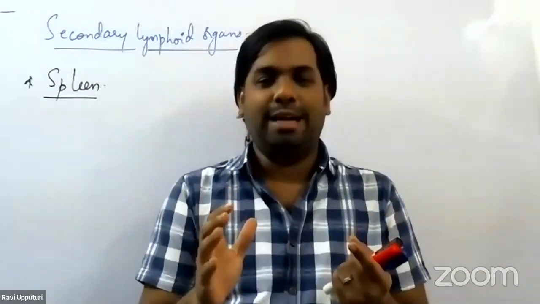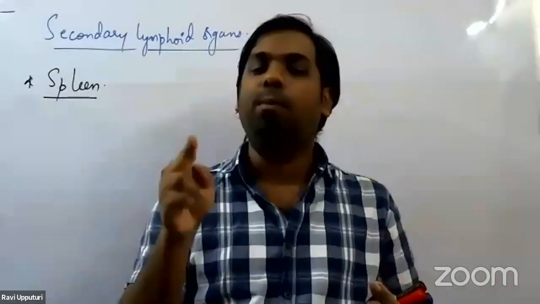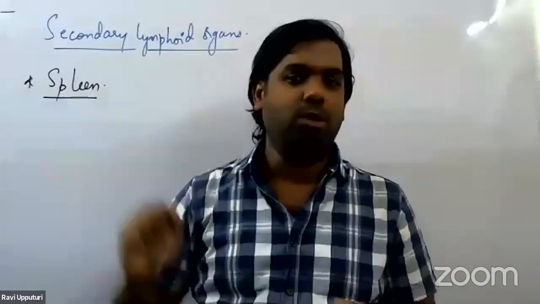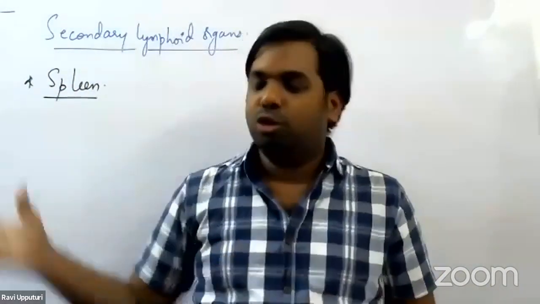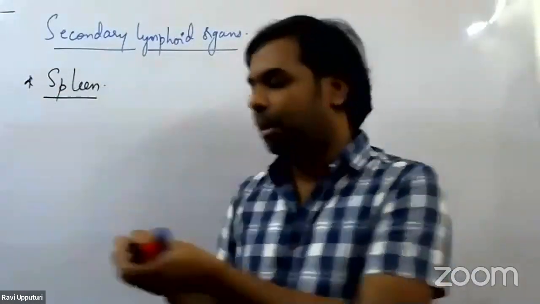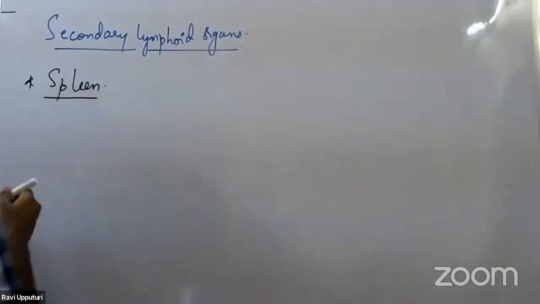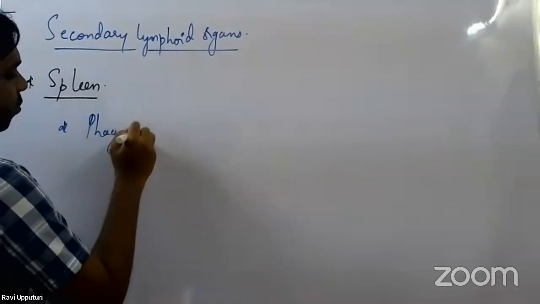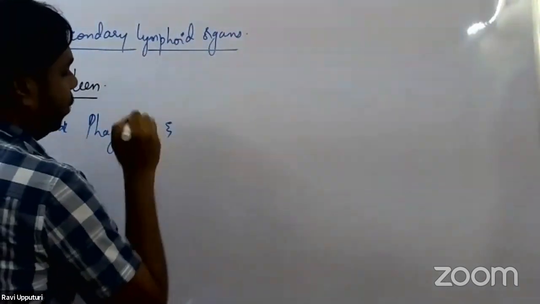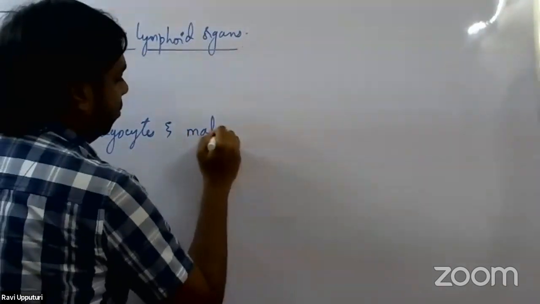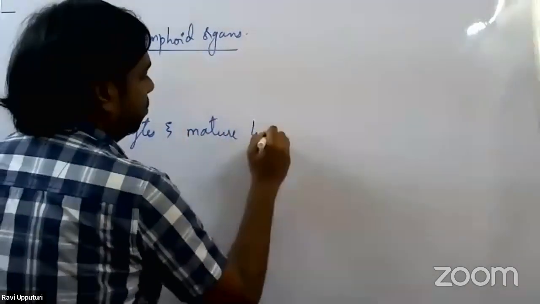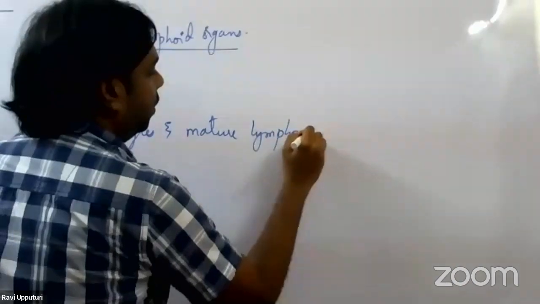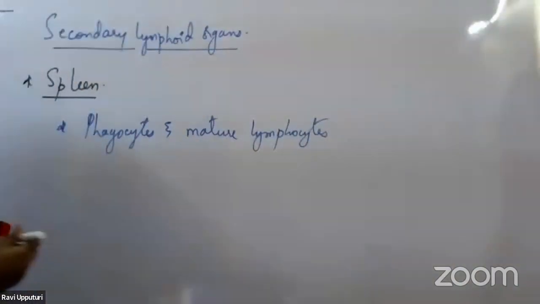Now, along with that, the spleen also has one more work to do pertaining to the immune system present in our body. So what does the spleen actually contain? The spleen contains phagocytes as well as mature lymphocytes, that is, both the T as well as the B lymphocytes.